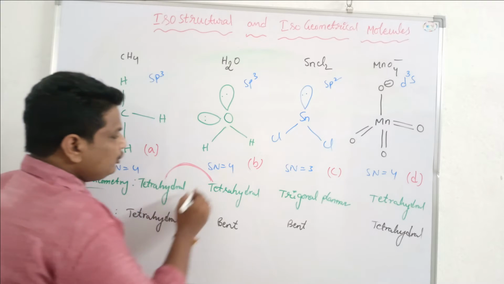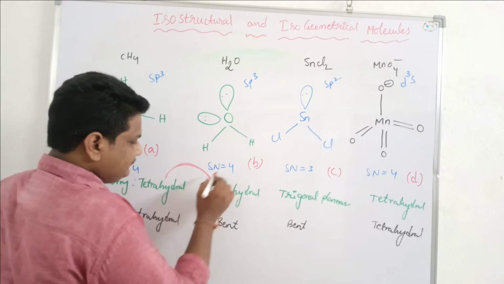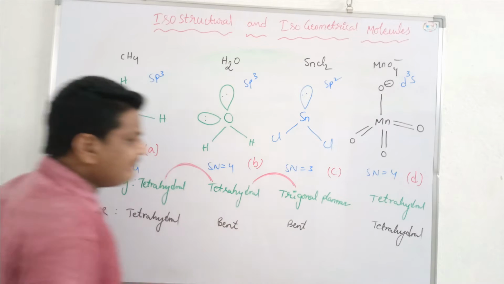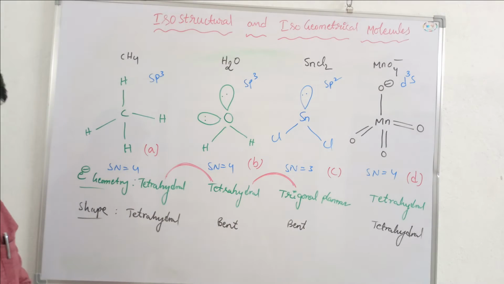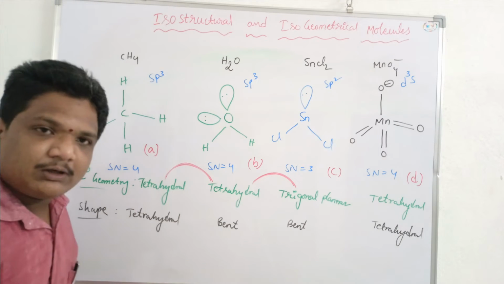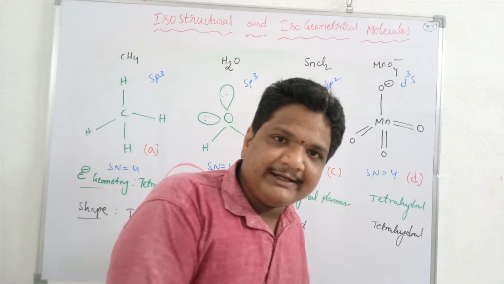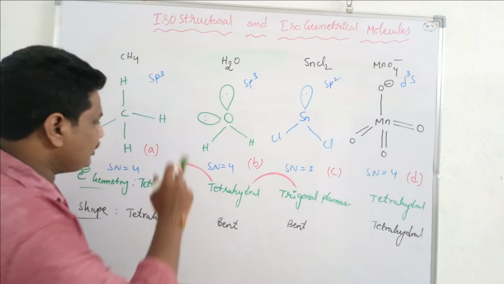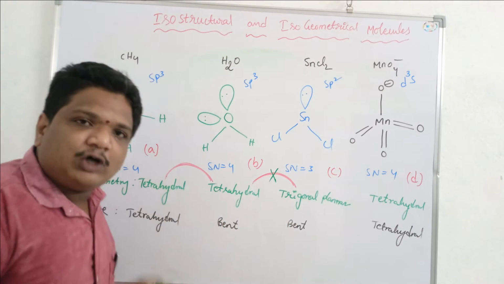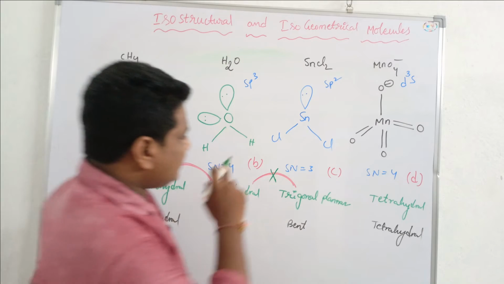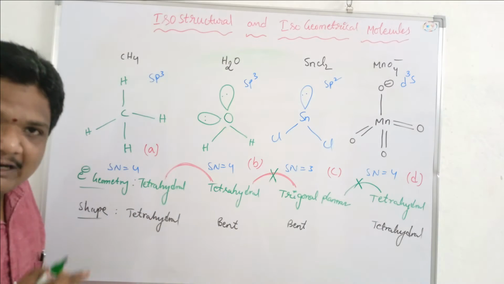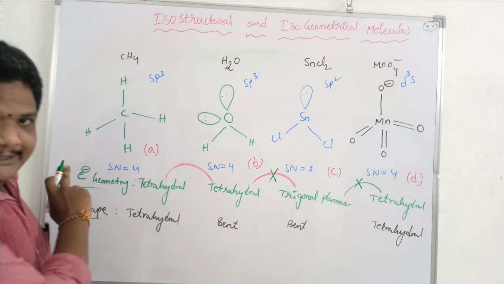Molecule B and C do not have the same kind of geometry. In the case of molecules A and B, we can observe the same kind of electronic geometry, whereas in the case of B and C, we cannot. In the case of C and D also, we cannot observe the same electronic geometry.